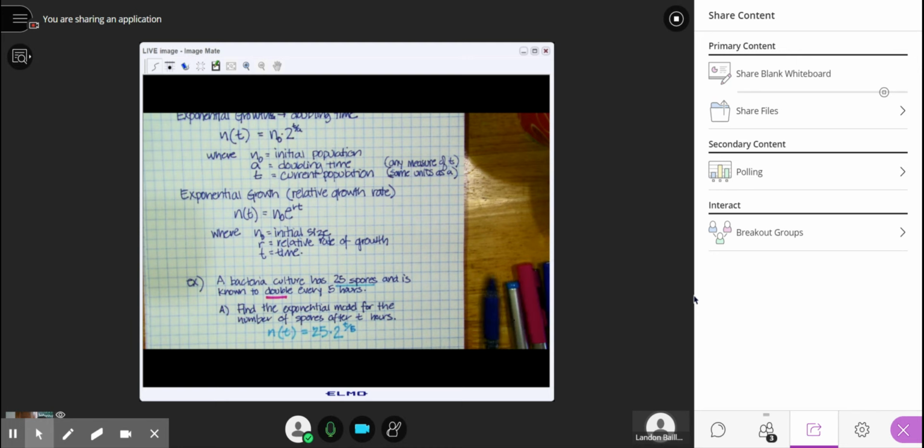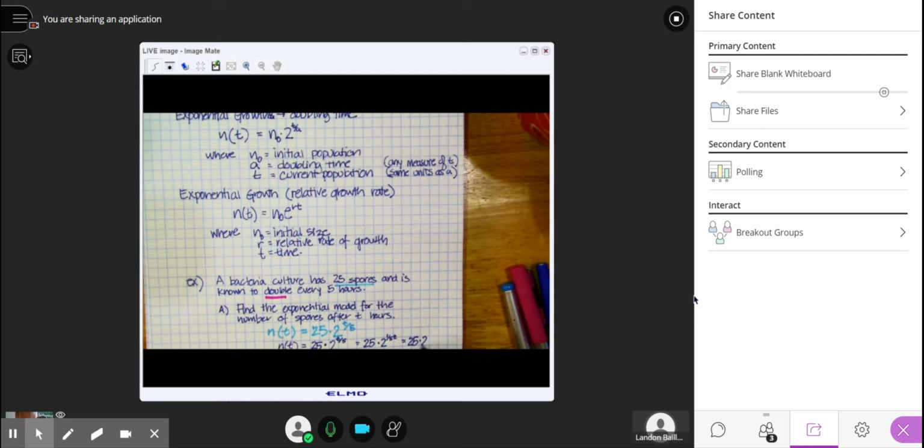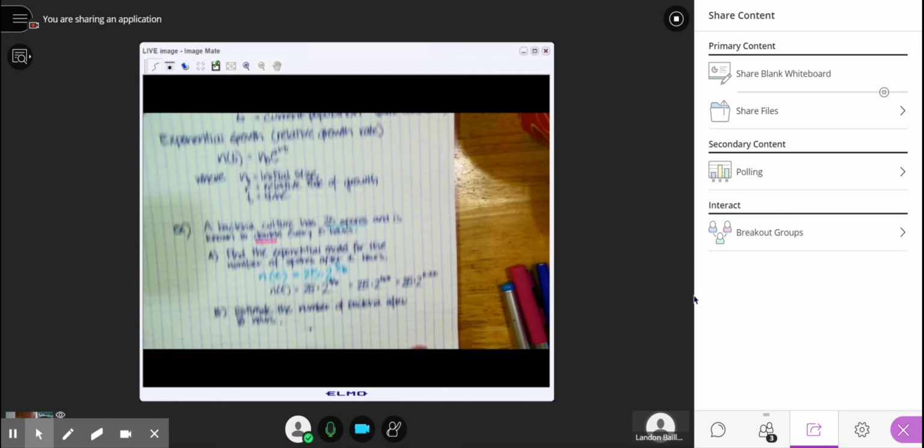This is my formula. N of t is equal to 25 times 2, and people will write it t over 5. People will also write this 25 times 2 to the 1/5 t. People will also write this 25 times 2 to the 0.2 t. All of these are the same formula.